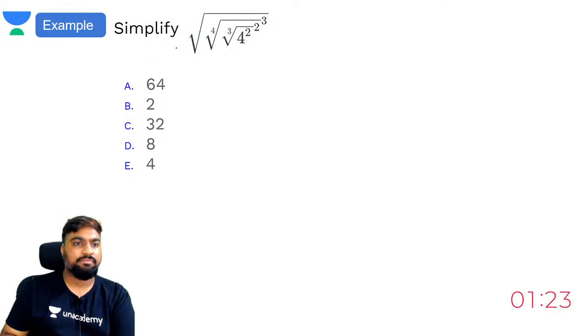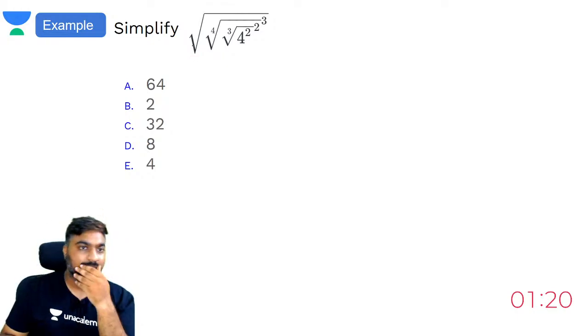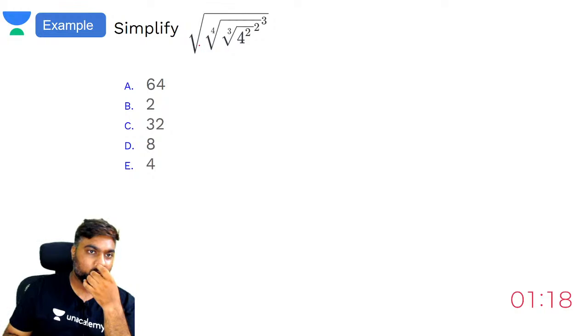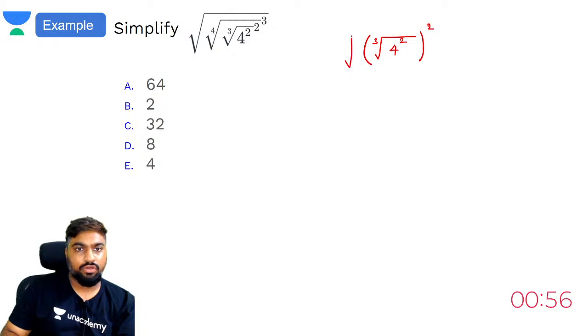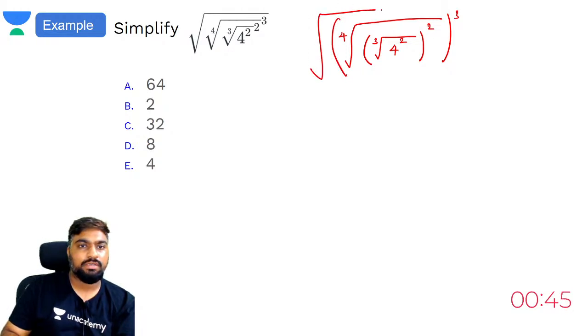Quickly try this out. You have to simplify this. So if you are not able to understand this, let me write this again. 4 square का cube root of 4 square, इसका square of this, इसका वापस 4th root. Yes, is this whole thing का cube, इस whole thing का cube, और फिर वापस square root.